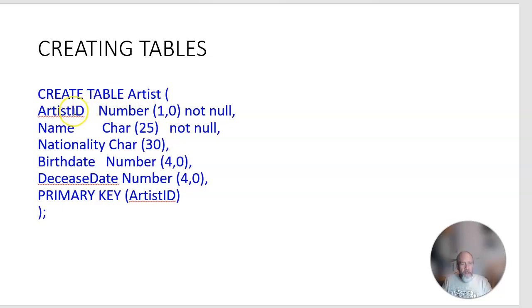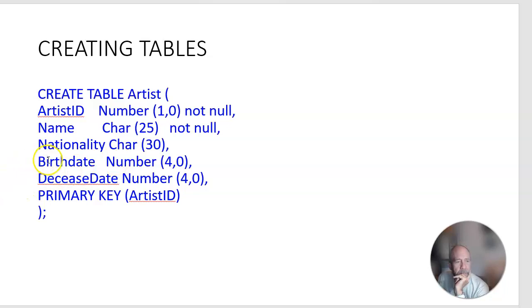So the name of the column, the type of the column, and anything else about the column, comma, the next column, the name of the column, the type of the column. You do need to know what types are available to you. Number and character are two of the ones that you'll use a whole lot. I actually use VARCHARs, which are just a little bit more flexible, but very much the same as a character.